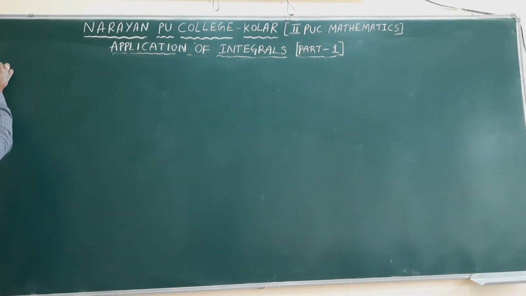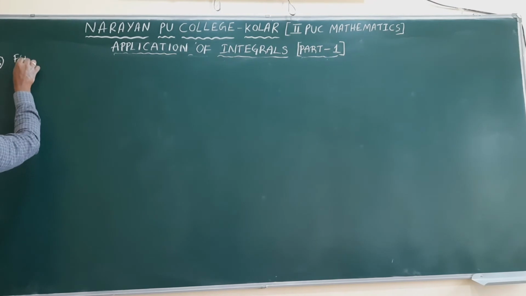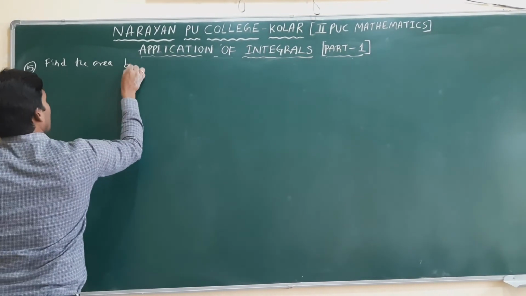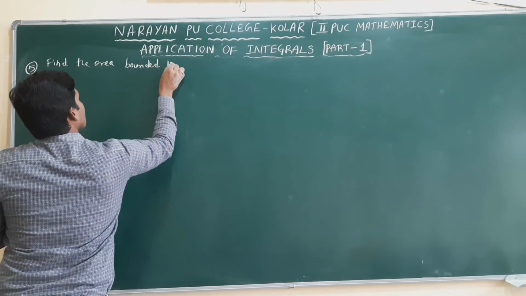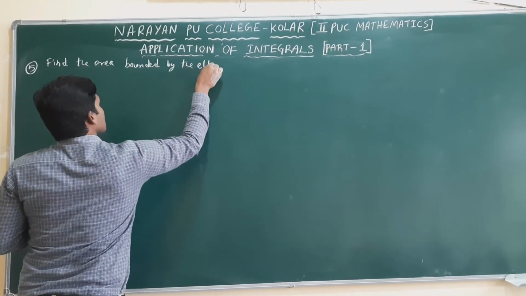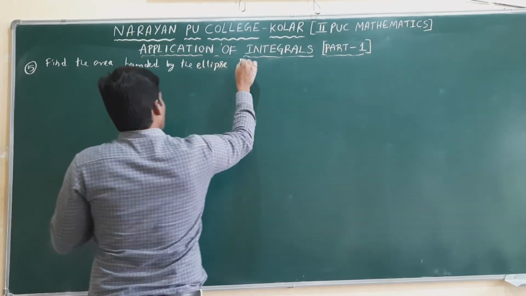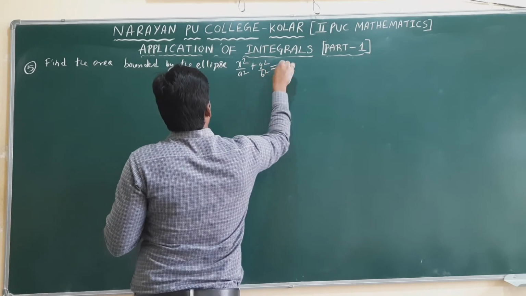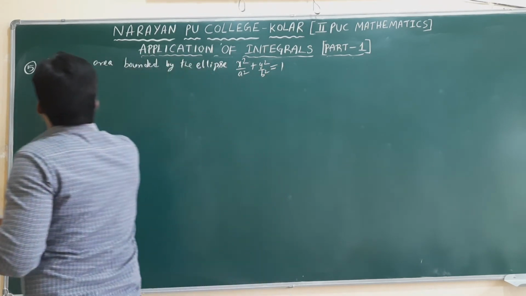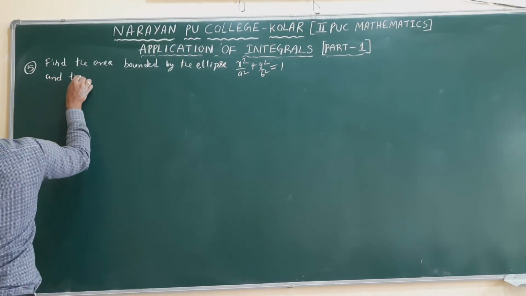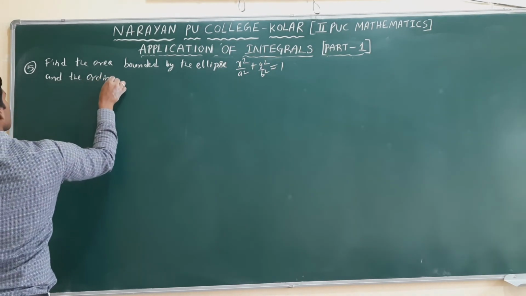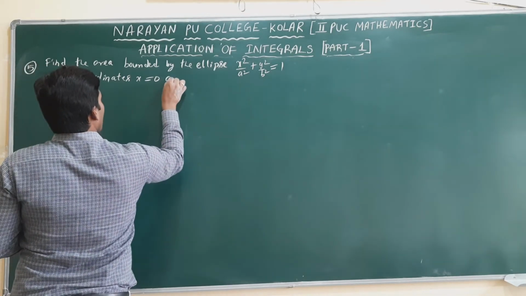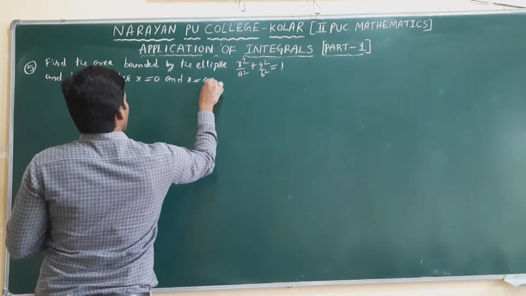Next, example 5. Find the area bounded by the ellipse x square by a square plus y square by b square equal to 1 and the ordinates x equal to 0 and x equal to AE.